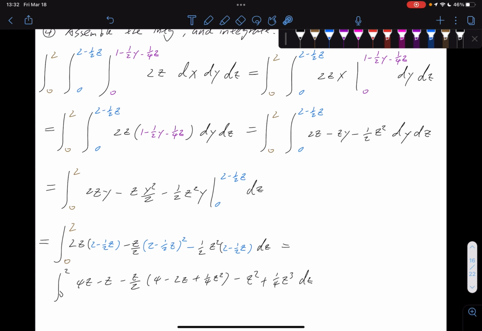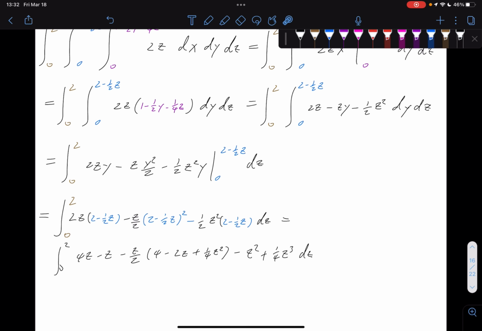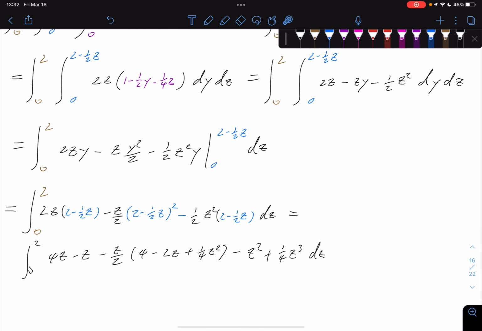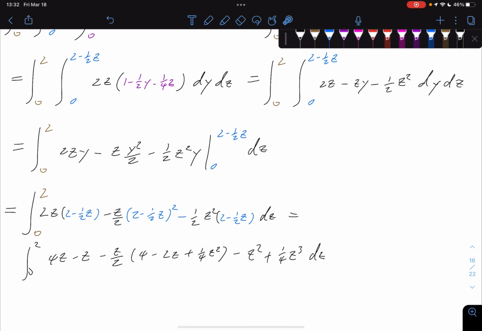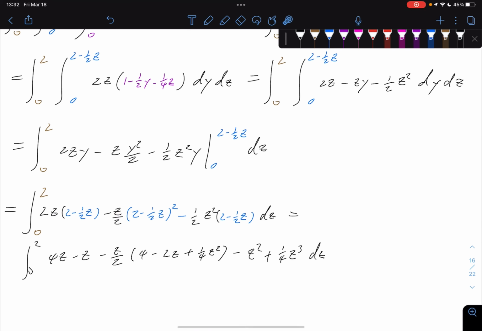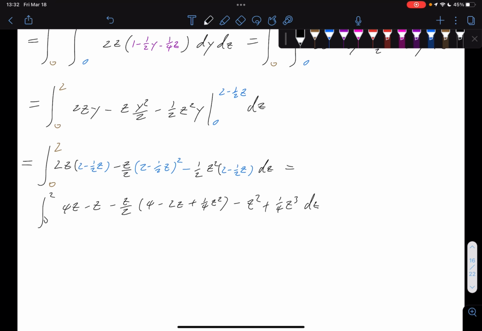And we substituted it, and then we expanded it: 4z minus z, and then minus z over 2 times 4 minus 2 times 1, and then double that, that's 2z minus 2z plus 1/4 z squared, and then 1/2 z squared, so that 2 cancels out, minus plus 1/4 z cubed. Okay, that looks correct. So let's continue.